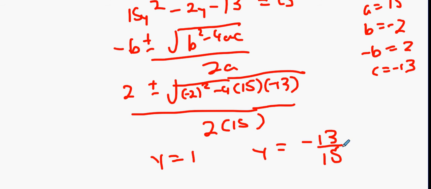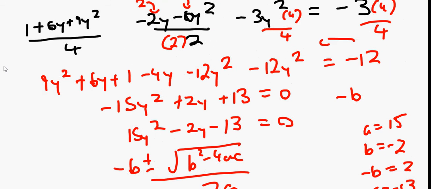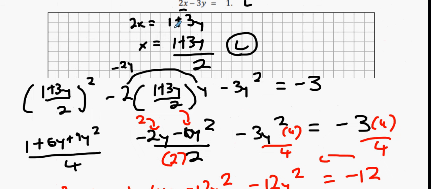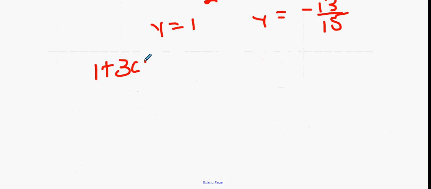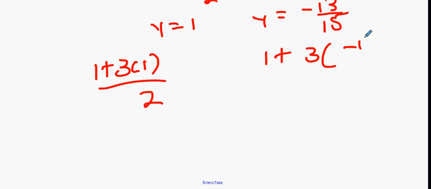Okay, now we've got to also find the x values, and the x value is 1 plus 3 times the y value, over 2. So 1 plus 3 times 1 over 2, and 1 plus 3 times minus 13 over 15, all divided by 2. Just use your calculator for both of them. What do we get?